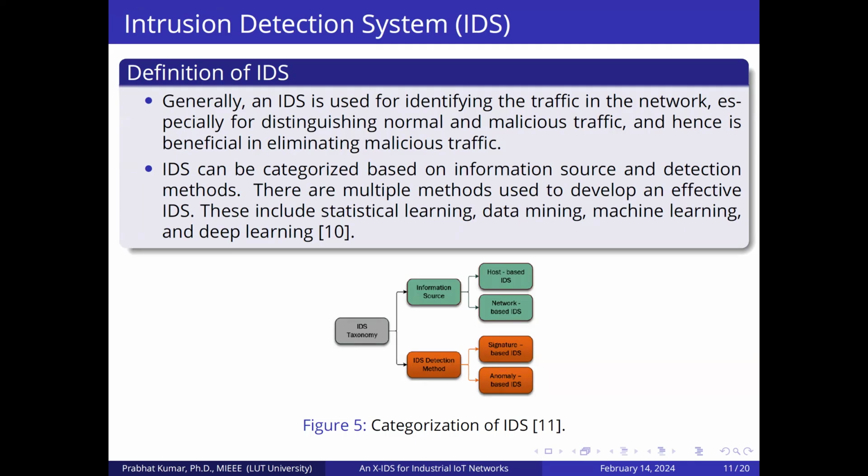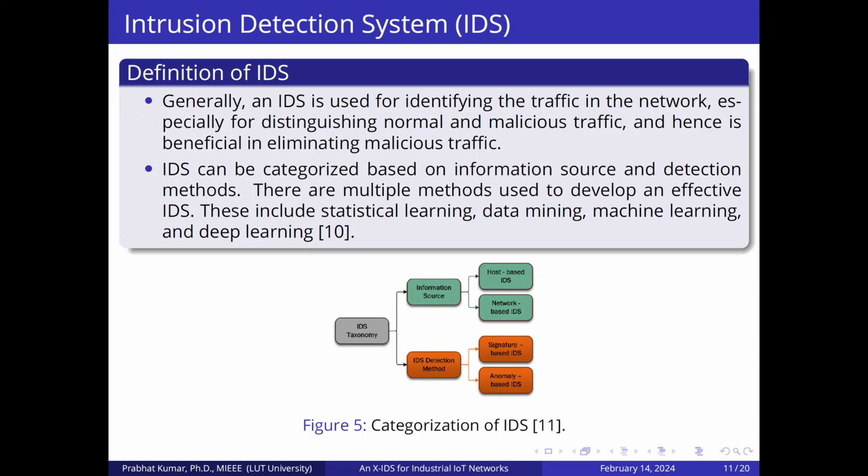So it wants to differentiate normal traffic from malicious traffic. And once you can differentiate, you can eliminate the malicious traffic, or you can just block that particular source IP address, so that you will not get any request again from that address.